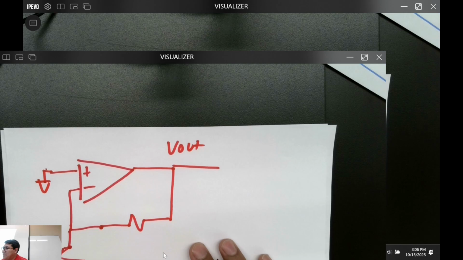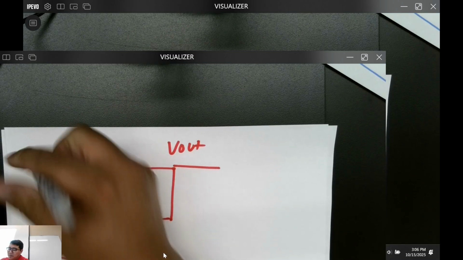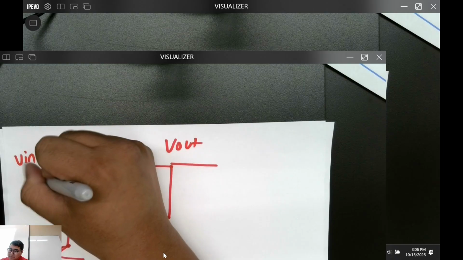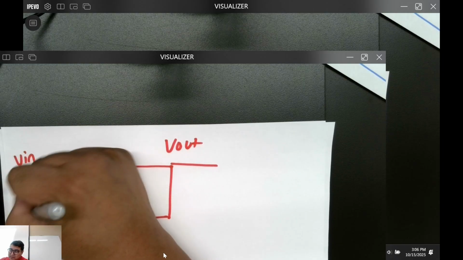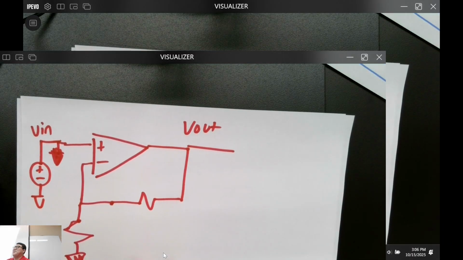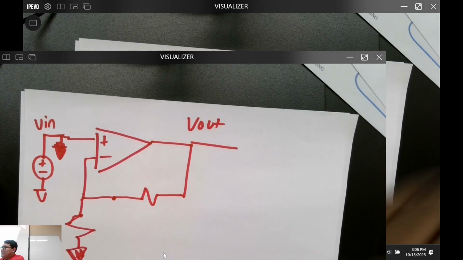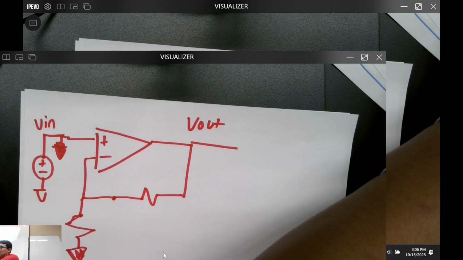Let me rewrite this circuit. Wait. This is the minus terminal, okay. And this is my wiggle, V in, all right. Plus minus, right? Is that good with everybody? Did I draw this right? I'm drawing it differently, all right? Let me show you this, just so that we're all on the same page.